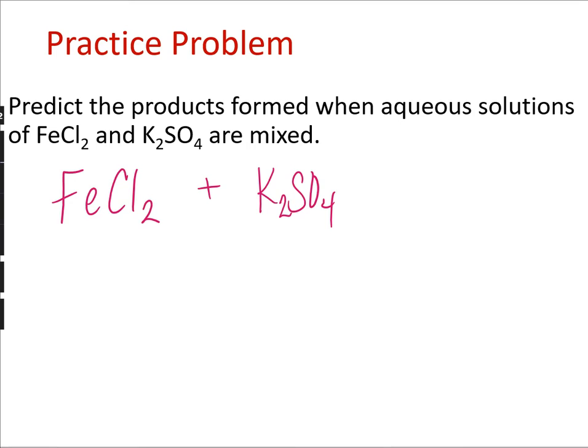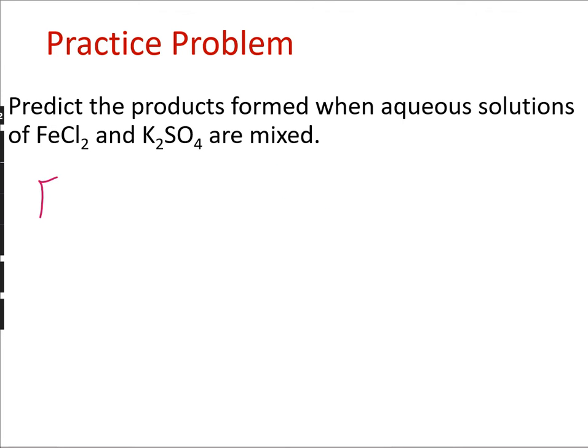So that means that we're going to be looking at a double displacement or a double exchange reaction. I'm going to rewrite this to make it a little smaller. So FeCl2 plus K2SO4.